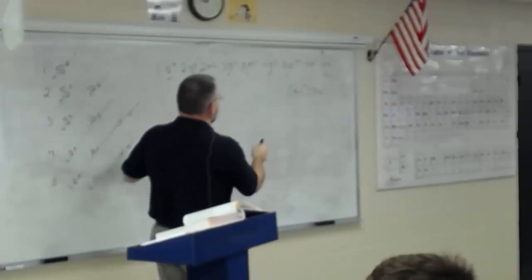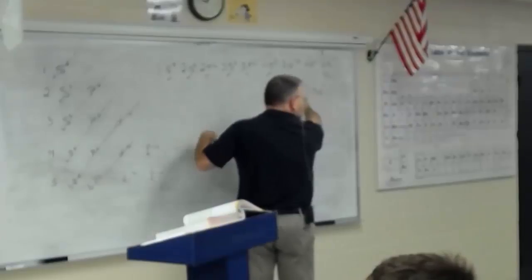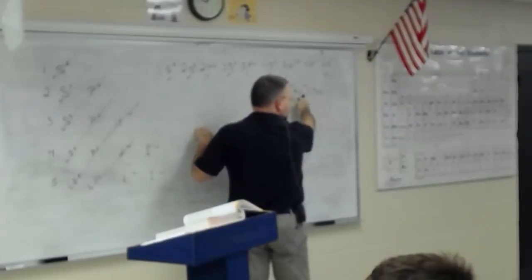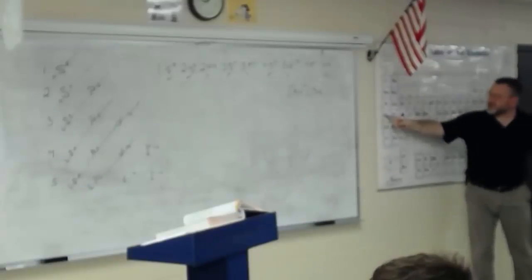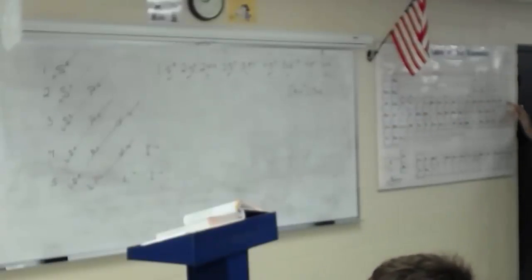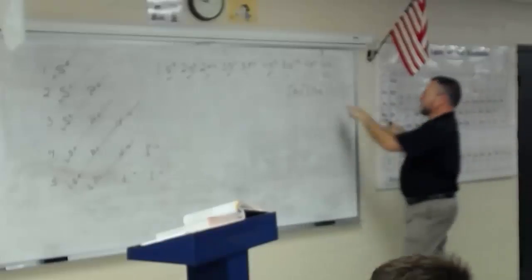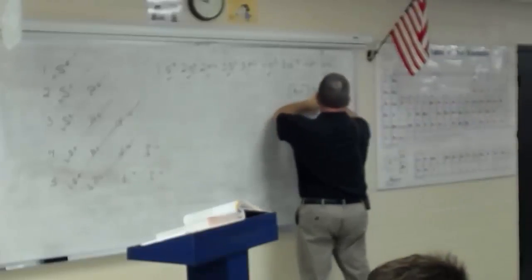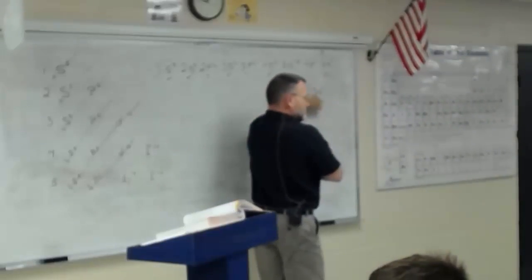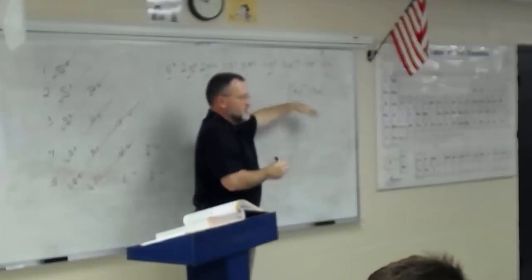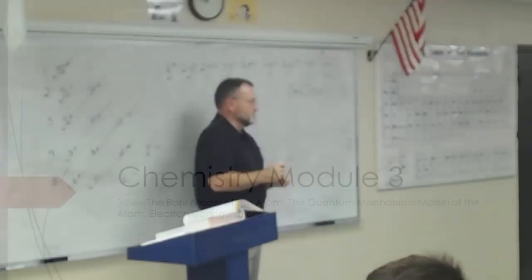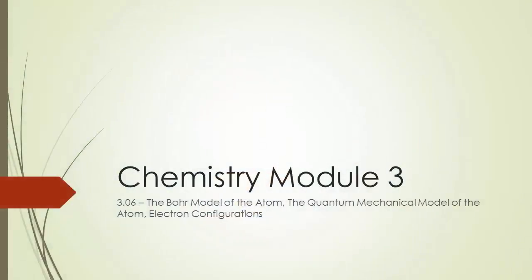What this is telling me is whatever my electron configuration for this element is, it has to be the preceding noble gas. So if I'm looking at any element, if I go all the way to the right and go up 1, the preceding noble gas plus what? If it's rubidium, it's going to be S1. Strontium is going to be S2. Okay? So this would be a full electron configuration. This would be the abbreviated electron configuration. Okay? All right.